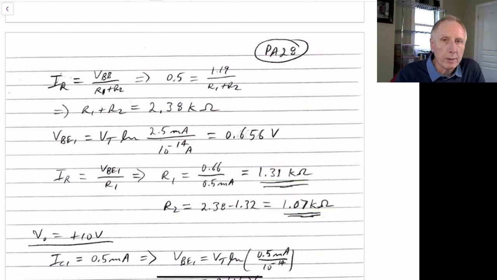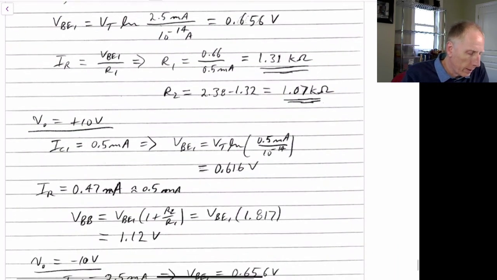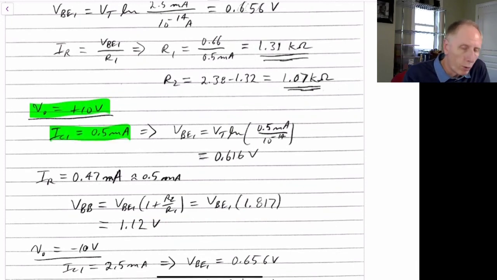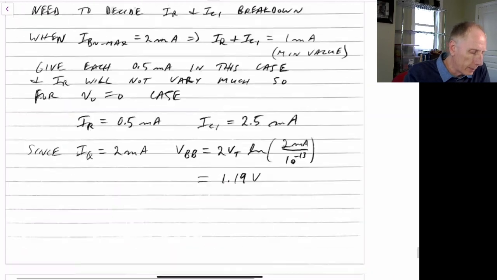So we do all that design in the case where Vout is equal to 0 volts. Now we look at what happens when the output voltage equals 10 volts. In that case, as we saw before, the current through transistor Q1 will now be equal to 0.5 milliamps.